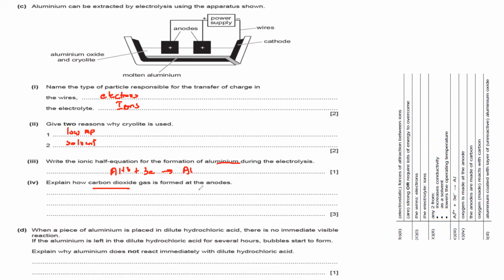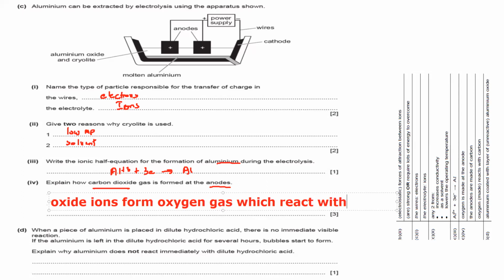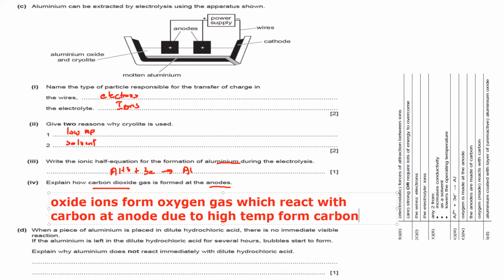Describe how carbon dioxide gas is formed at the anode. So what happened? The oxide ions form oxygen gas, which reacts with carbon at the anode due to the high temperature to form carbon dioxide.